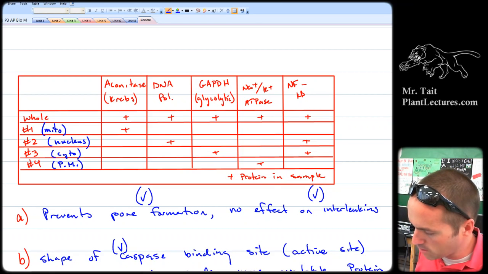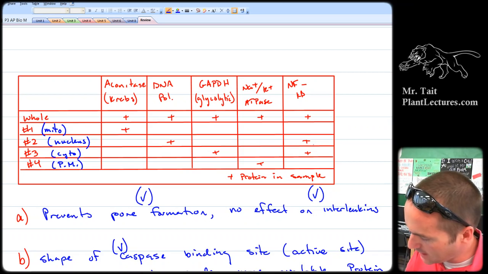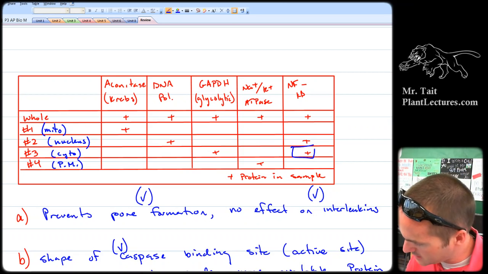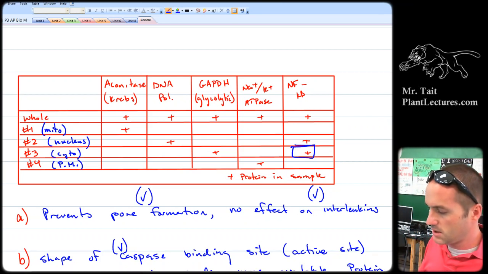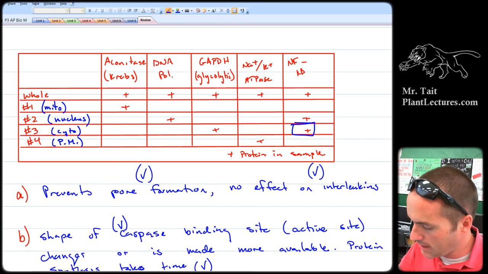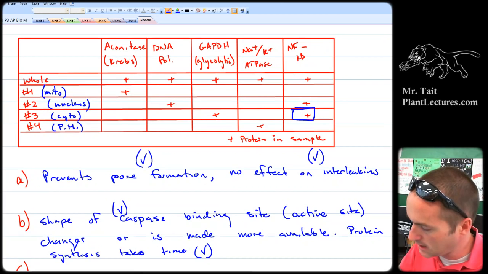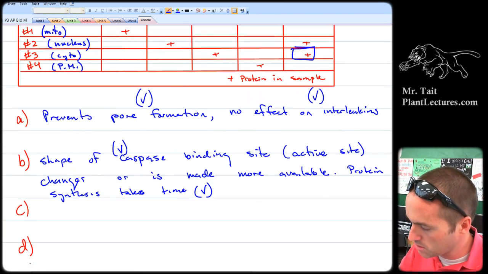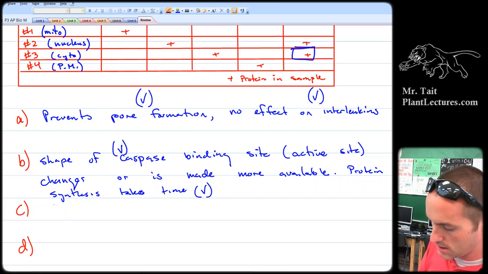So can we support that? Did we find NF-kB in the same place as the cytoplasm? We sure did. Right, so we can say that NF-kB was found in fraction 3, which also contained a cytoplasmic protein.